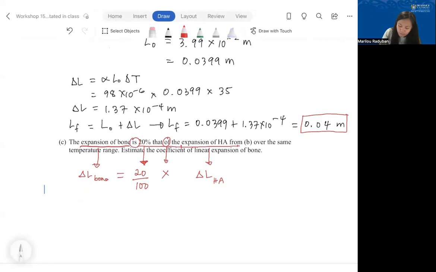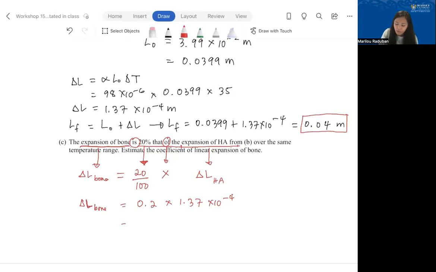Right. So for the expansion of the bone, delta L for the bone, that's 0.2 times the delta L due to HA that we found earlier, 1.37 times 10 to the minus 4.